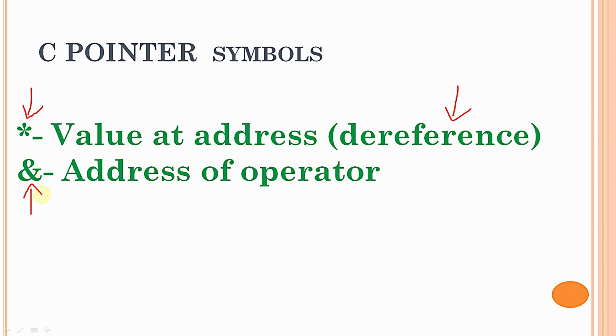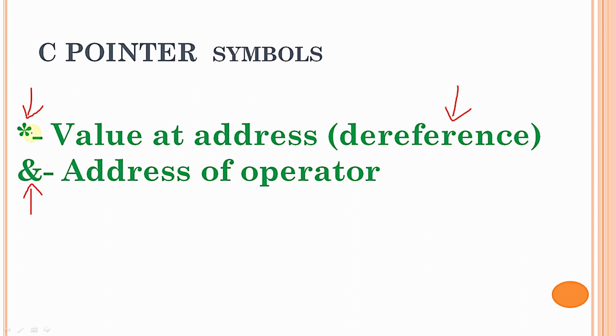Most widely, the ampersand is useful for storing the address of a variable to a pointer in a program, and the asterisk symbol is useful for dereferencing and fetching a value from a particular address in a program.